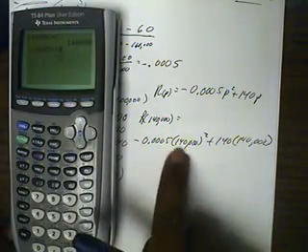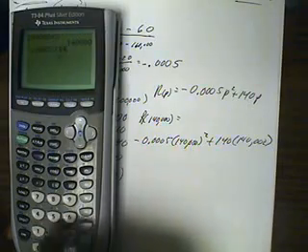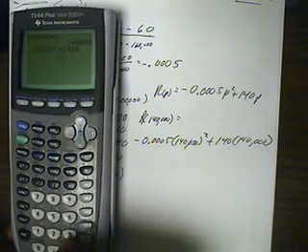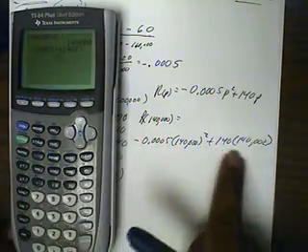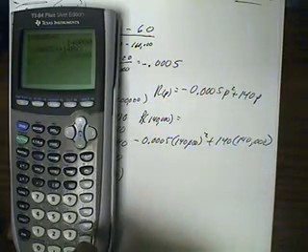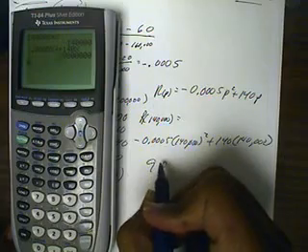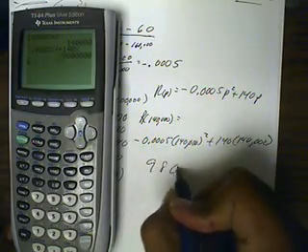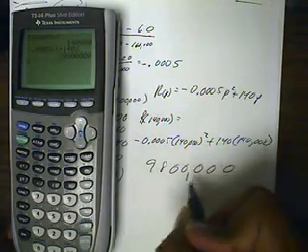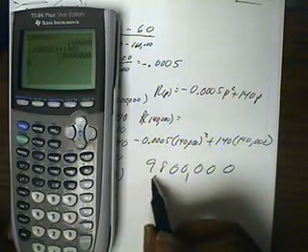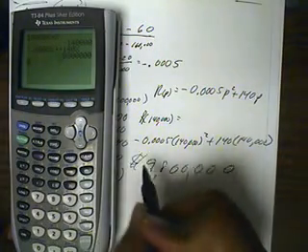That'll represent my P squared here, plus 140 times X. Okay, and what I get is 98 with 5 zeros. 1, 2, 3, 4, 5. So that's close to $10 million in revenue.